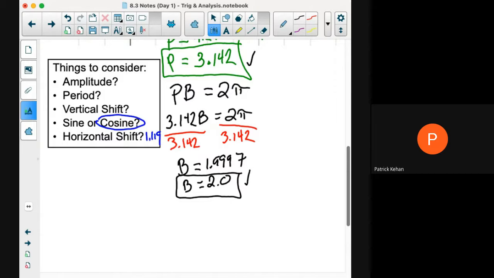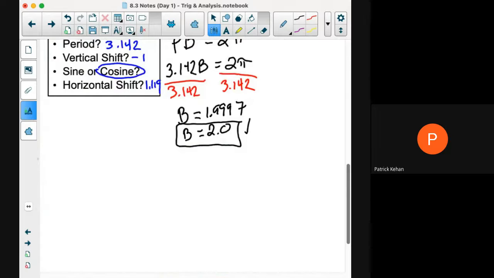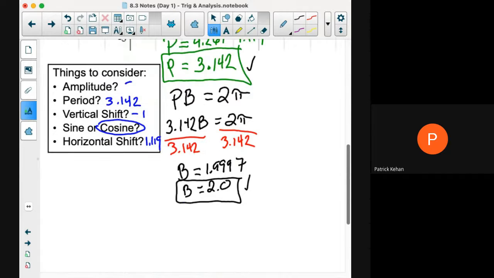Our vertical shift was the K value, so this is -1. The period was 3.142. The amplitude is 3. And that's enough information to write this function now.